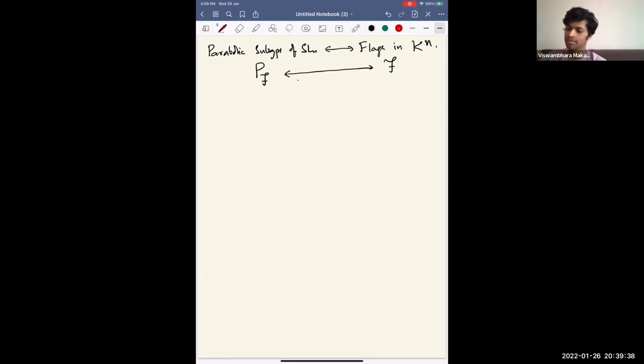What are flags? Flags are basically subspaces that are contained in each other. You start with the 0 subspace, and then you put it inside something, and you keep putting it inside something, and at some point you end up with the whole thing. Okay, and the parabolic is basically the subgroup that stabilizes the flag.